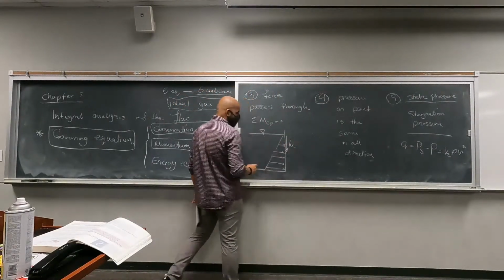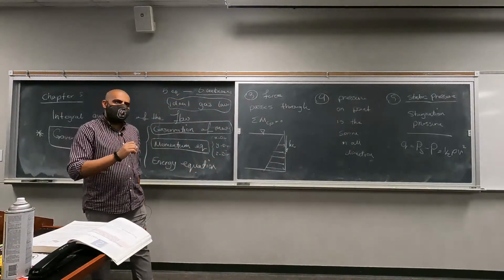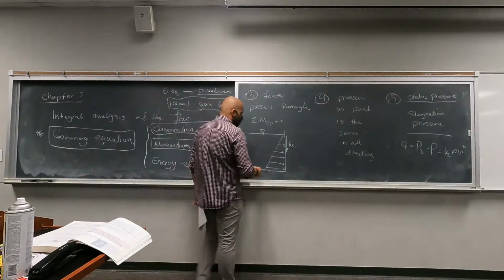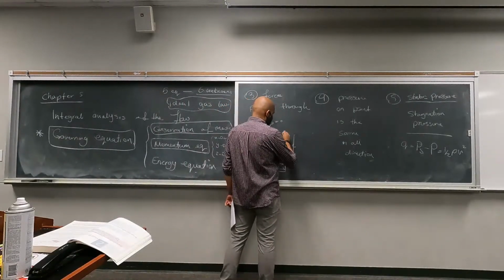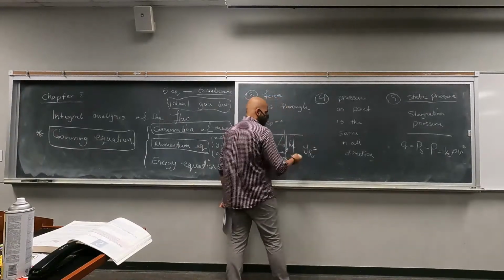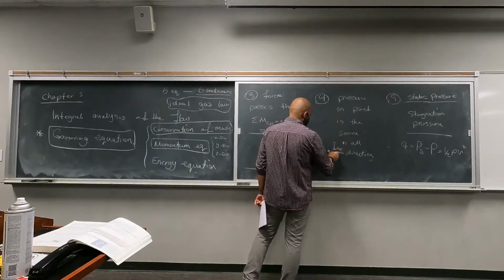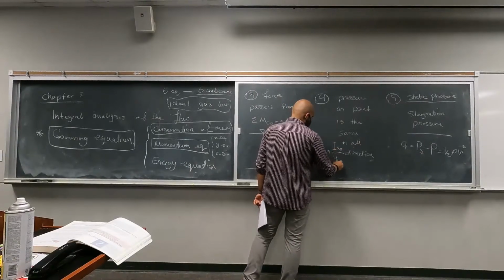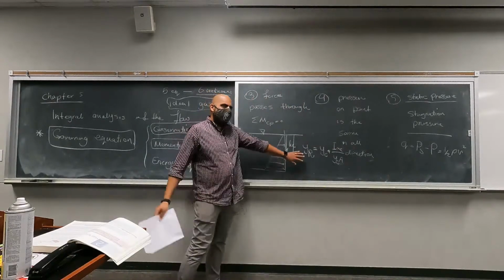But we said this force does not pass through the centroid. It does pass through the center of pressure, right? And the depth of that center of pressure was y of cp, which was a function of y of c and the moment of inertia divided by y of c multiplied by the cross-sectional area. This was the equation we had for it.